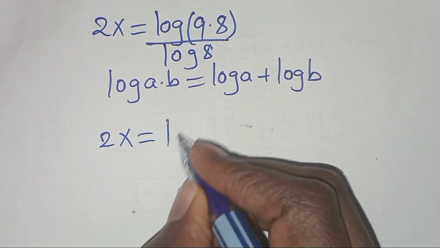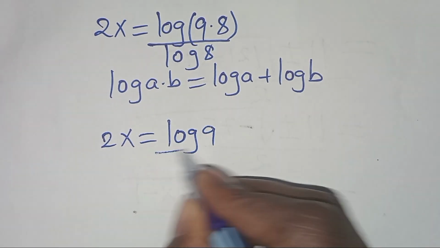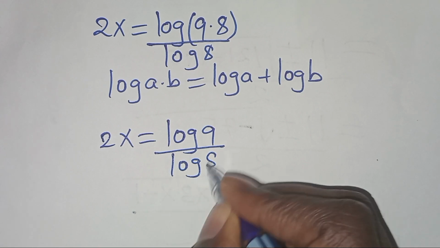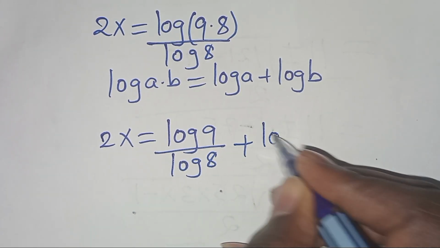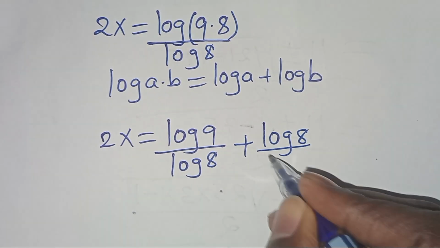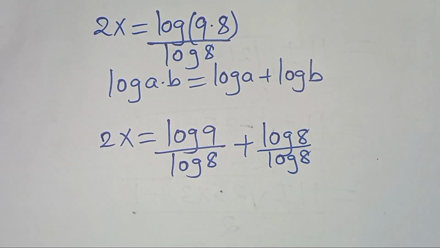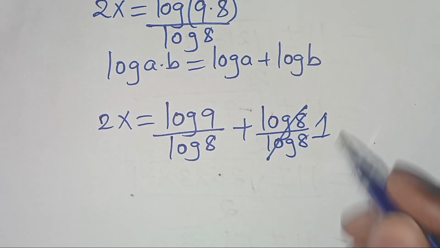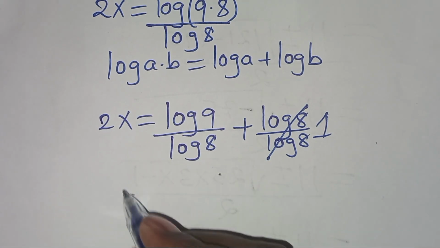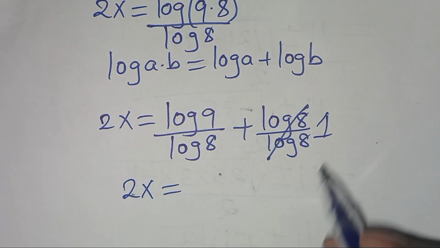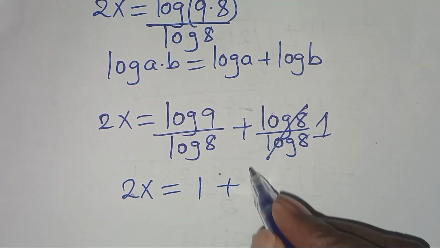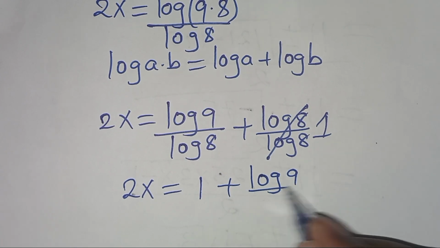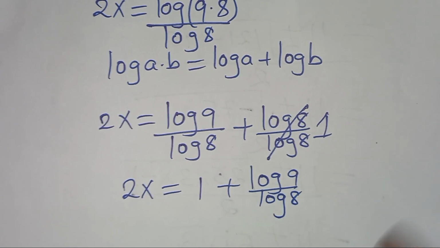This is equal to log 9 divided by log 8 plus log 8 divided by log 8. In this case, log 8 simplifies, so here we have 1. Now here we'll have 2x. This is equal to 1 plus log 9 divided by log 8.